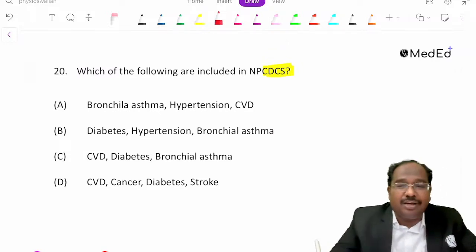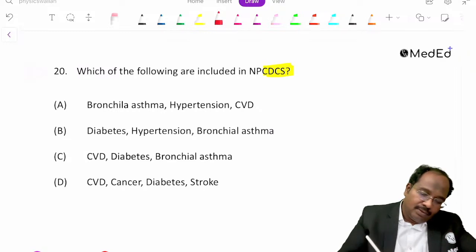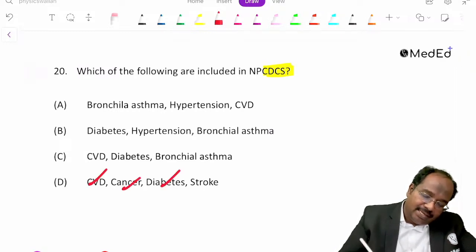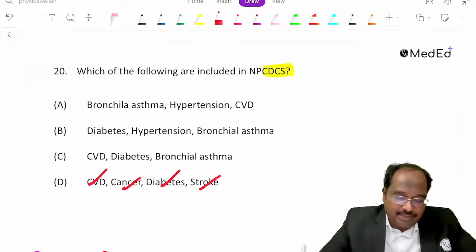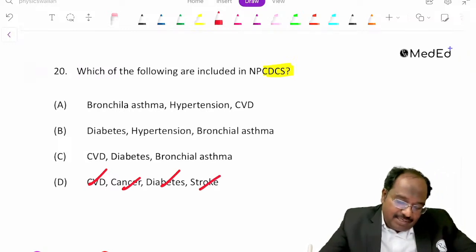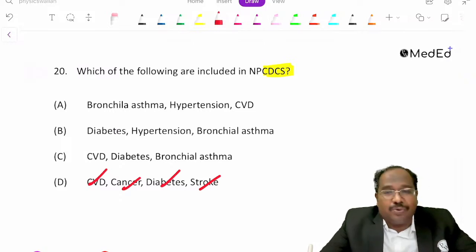This is a non-communicable disease program. Cardiovascular disease, diabetes, cancer, and stroke. The answer is cardiovascular disease, cancer, diabetes, and stroke.